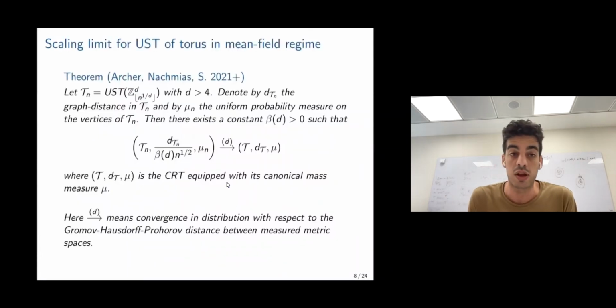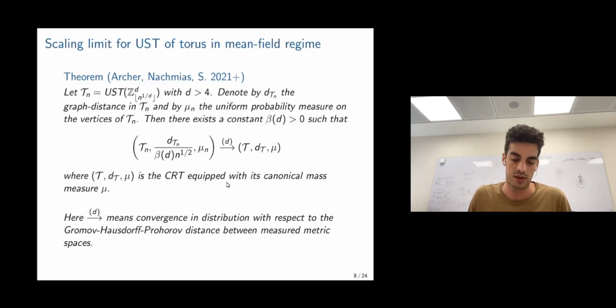So we continue with our result, and this is our result in maybe its most interesting case. As I mentioned at the beginning of the talk, we want to talk about the UST when the underlying graph is of high dimension, larger than the critical dimension.